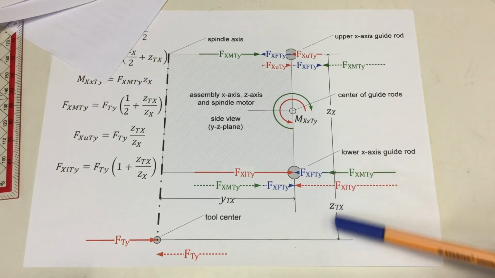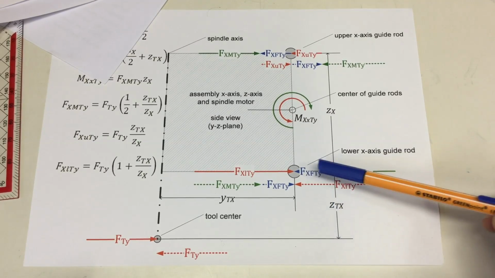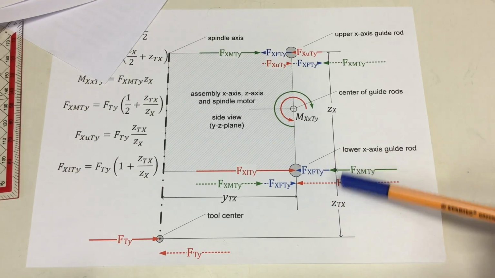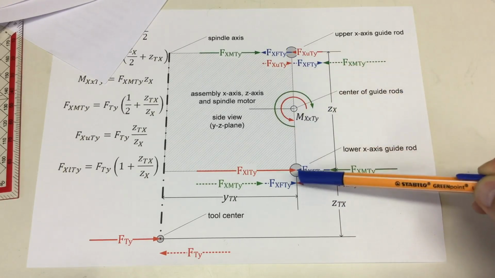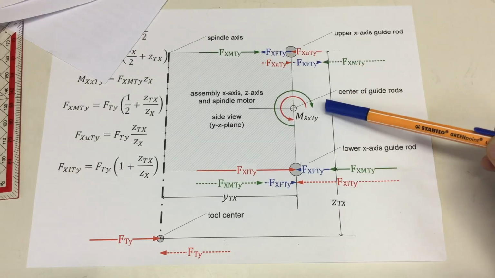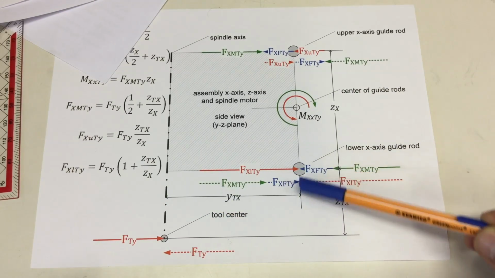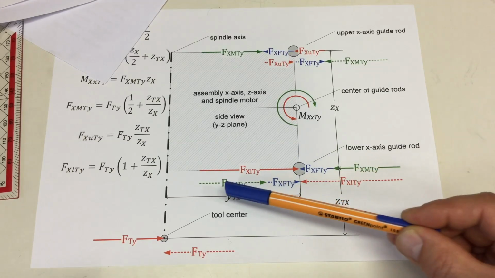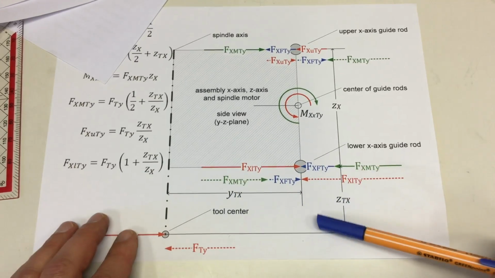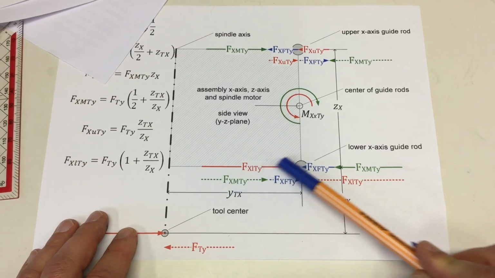We have our dimensions, the distance from the tool to the lower bearing on the z-axis, the distance between our lower and upper bearing on the z-axis, and the distance from our tool to our bearings on the y-axis. And yeah, here it's drawn the other way around.